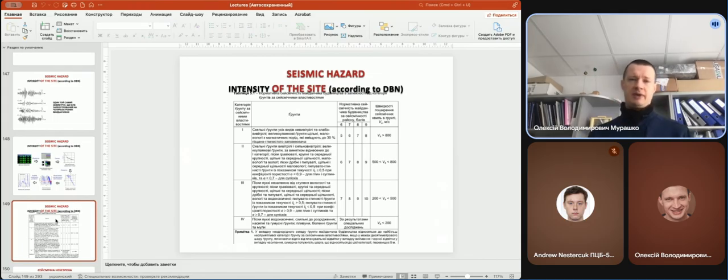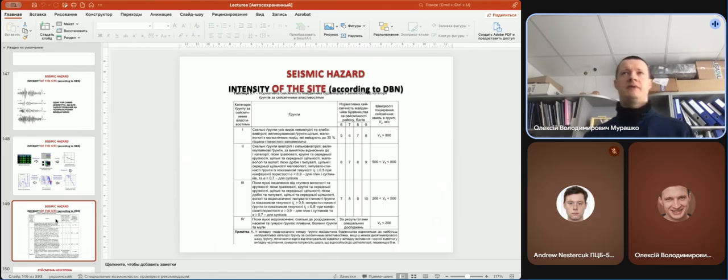We have four categories in the Ukrainian building codes. In Eurocode, there are more categories, but the idea is the same. Each soil can redistribute seismic waves according to its properties.